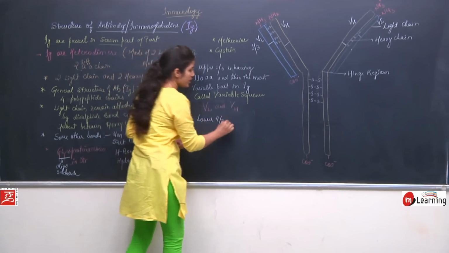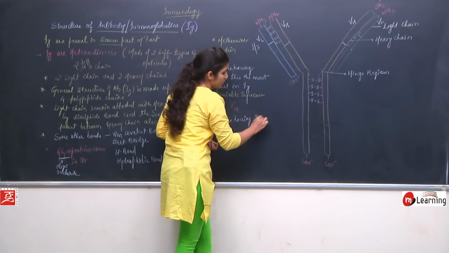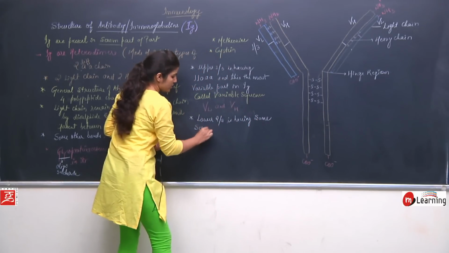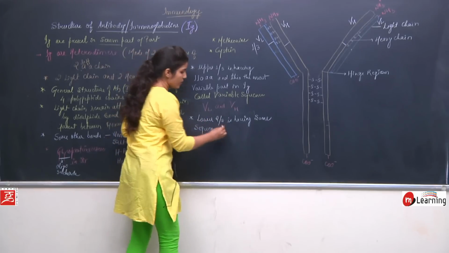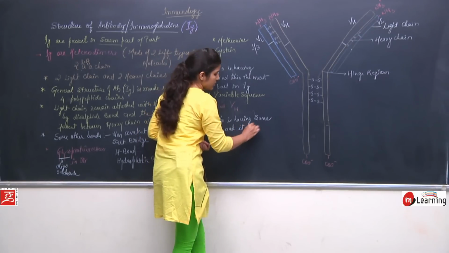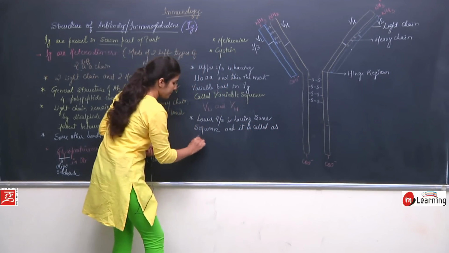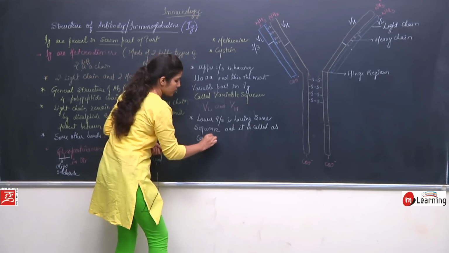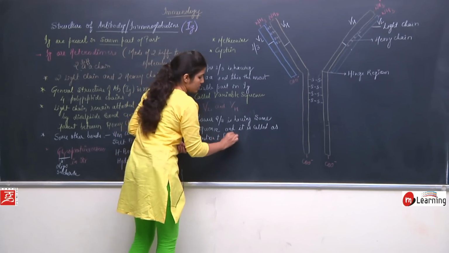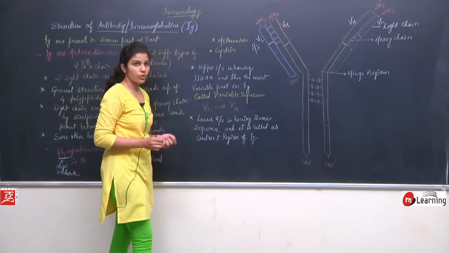Lower 2/3 part is having same sequence and it is called as constant region of immunoglobulin.